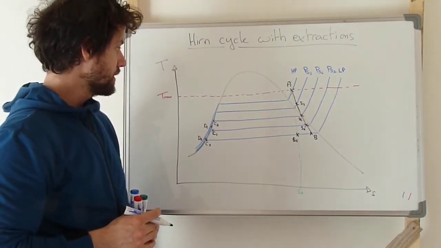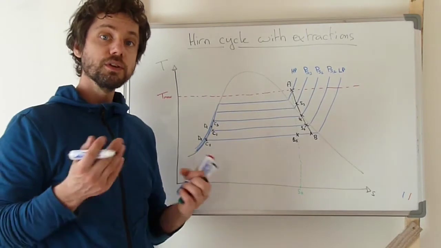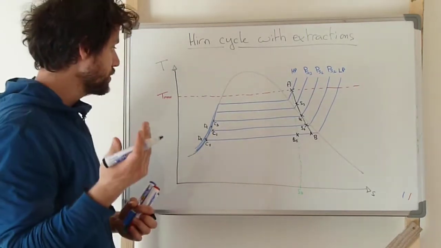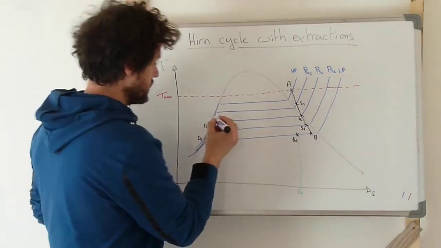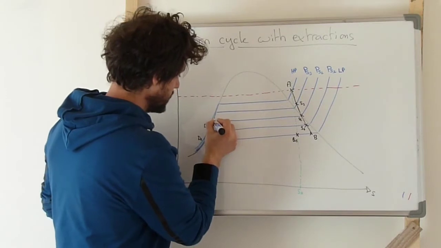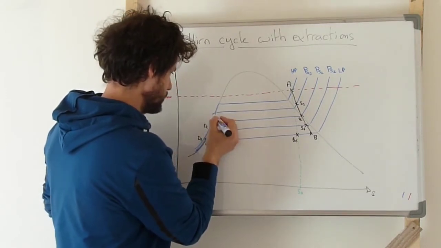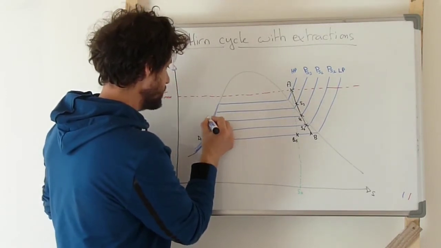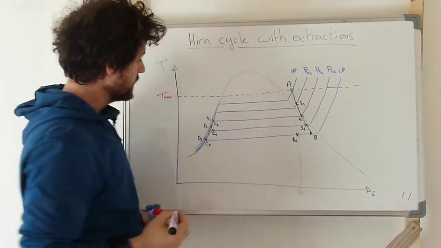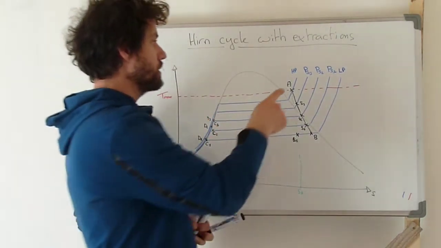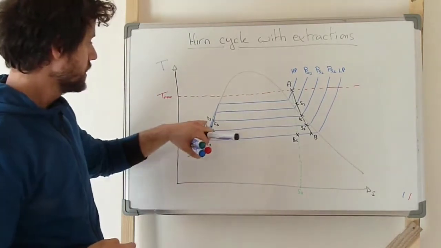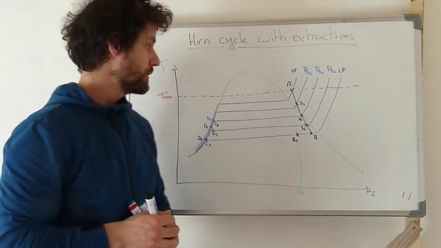Then there's the third pump that will increase the pressure from C3 to D3, and D3 will be at the pressure PS3.